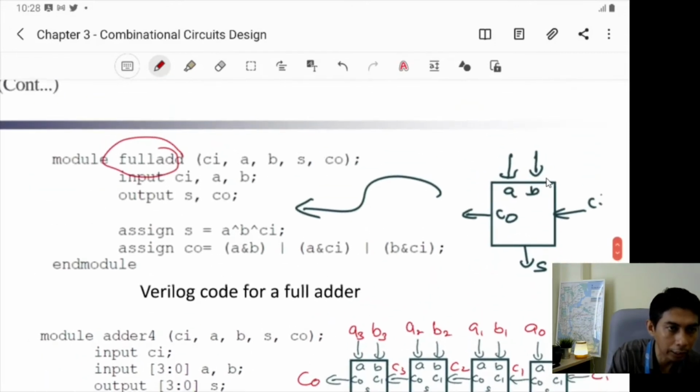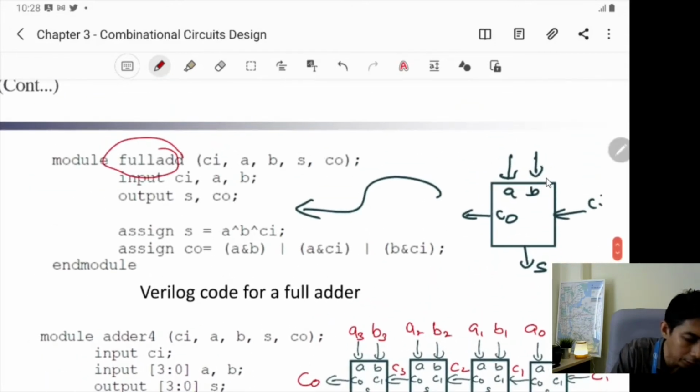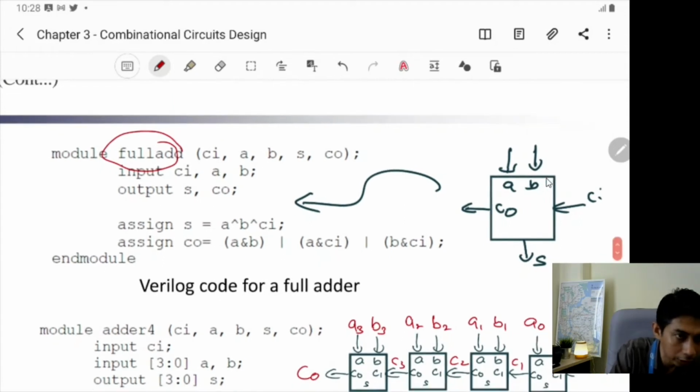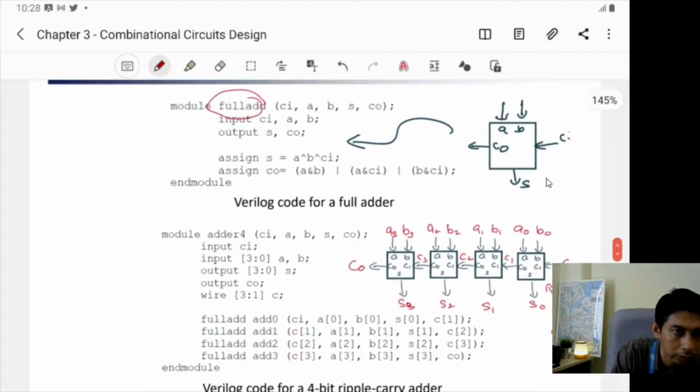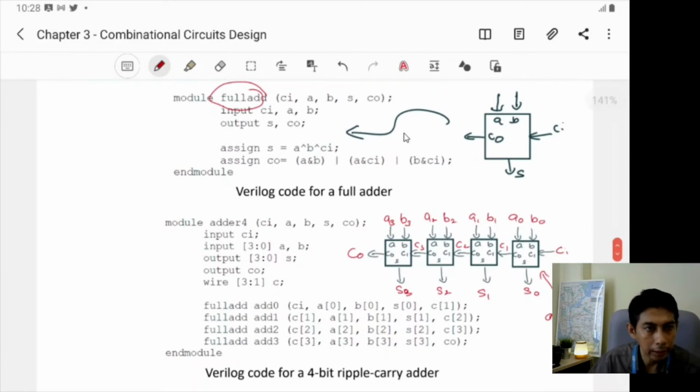So you need to look at the arrangement of the ports in your smaller unit. So this CI must be connected to this CI. And the next, this is A0. A0 must be connected to A in this smaller module.